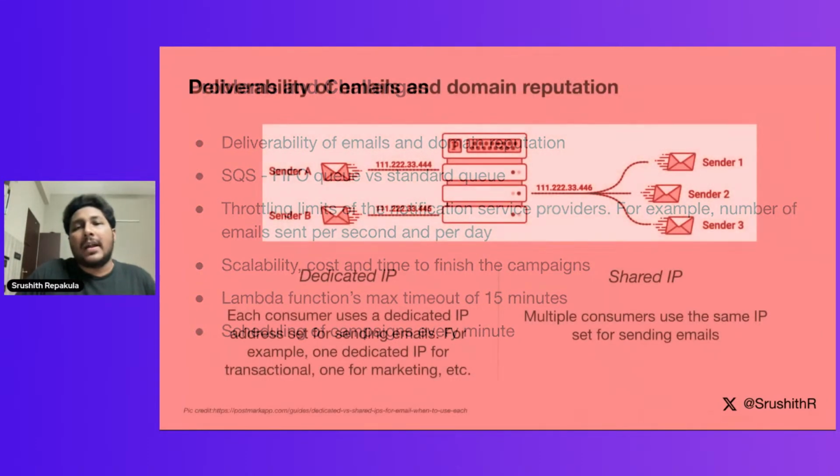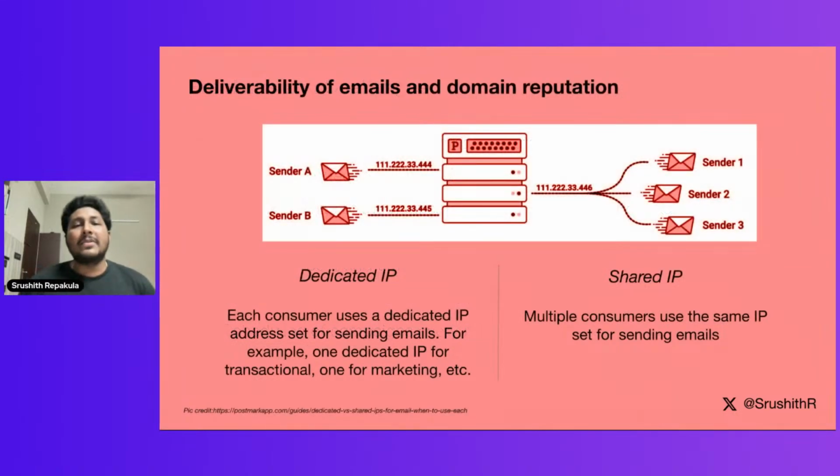The first problem, how we solved it, is the deliverability of emails and domain reputation. When you're trying to set up email, be it any provider, MailChimp or SendGrid or any kind of email provider out there, you will see that there are two options. One is the dedicated IP and the other one is the shared IP.